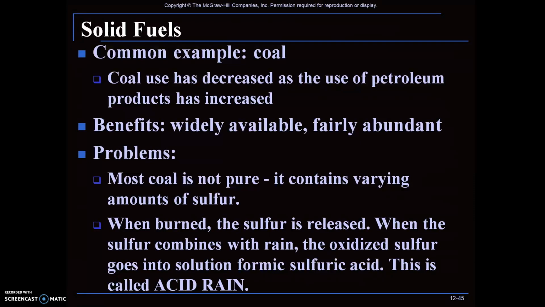When the sulfur oxides combine with rain, they go into solution, forming sulfuric acid. This is called acid rain, and acid rains are not at all good. This is a very environmentally unfriendly use of coal or the fuels.